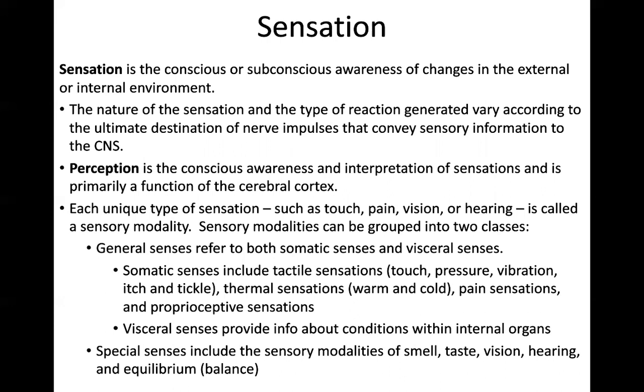If it goes to the cerebral cortex, places like those primary auditory, primary visual, gustatory areas, whatever, we have conscious awareness of it, but we don't have conscious awareness of it when they don't go to our cerebral cortex in some cases.